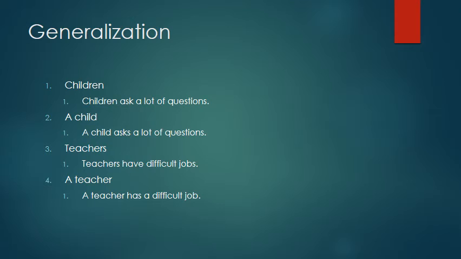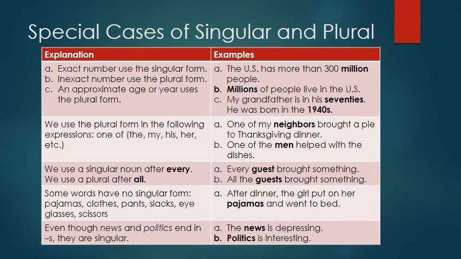These are just generalizations. All right, so then moving on to this next table on page 157, and there's a lot of information here and it can be very confusing, but let me break it down for you because this is important information. The first thing we want to talk about is when we're using numbers like million, millions, here when we're giving someone's age, and here when we're talking about years.